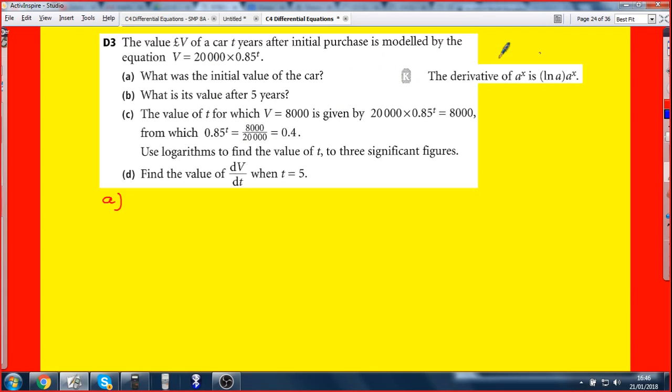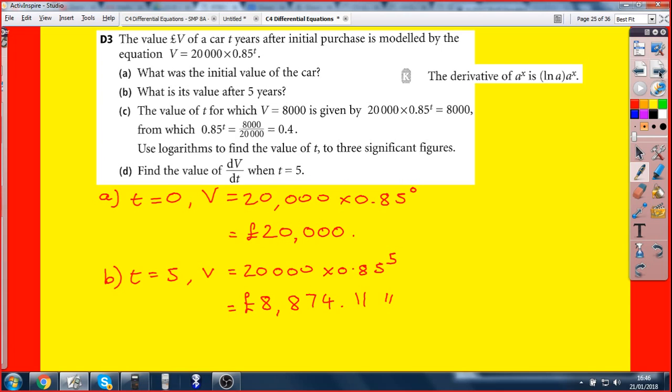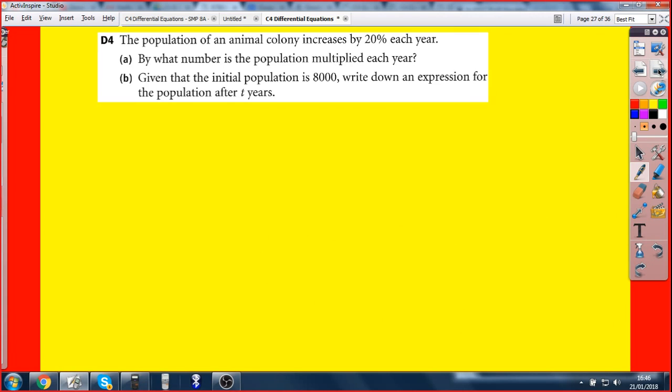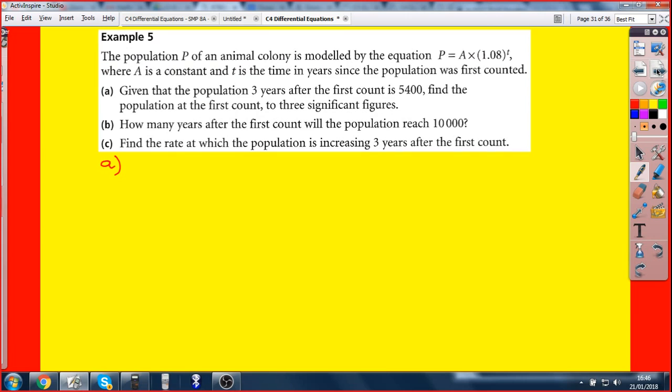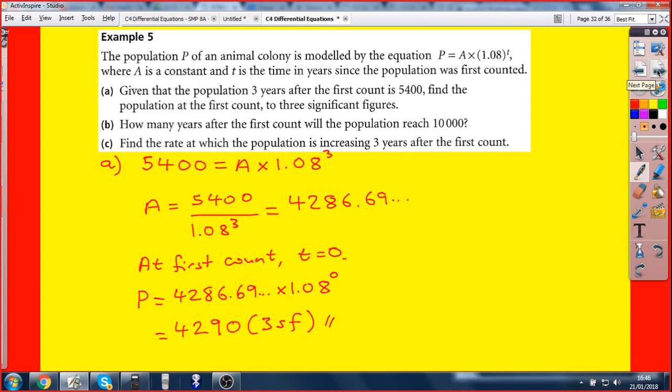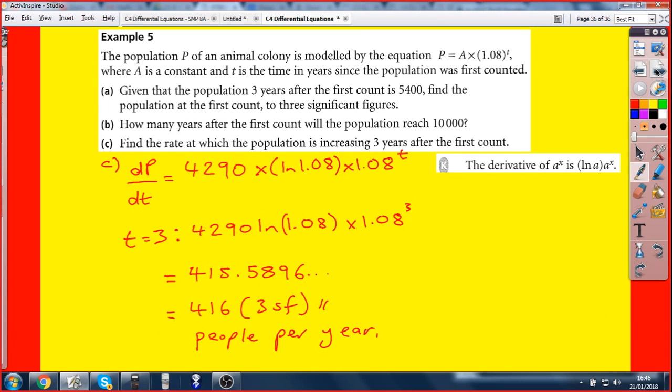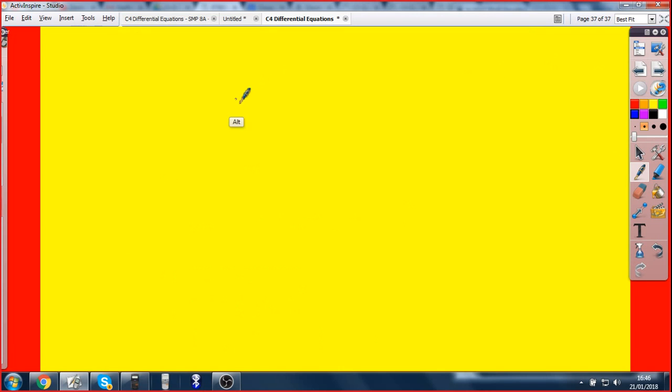This is all just exponentials, I think. I find the value of dv dt, so that's differentiation in terms of that stuff. I'm just making sure there's nothing new, because you did that previous question, so I don't think there's anything particularly new. Okay, let's take a look.